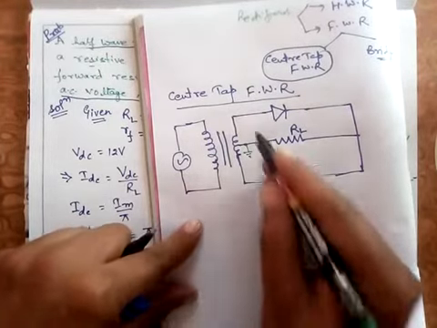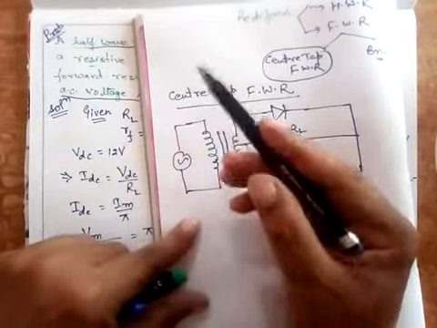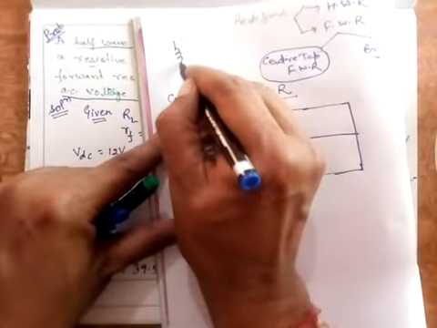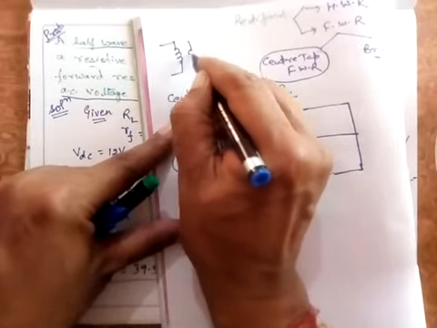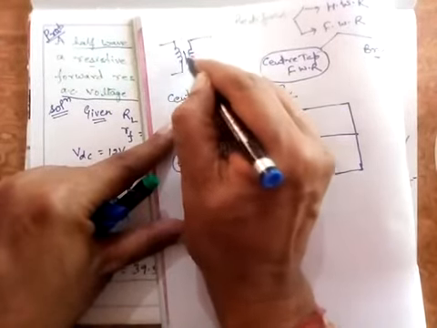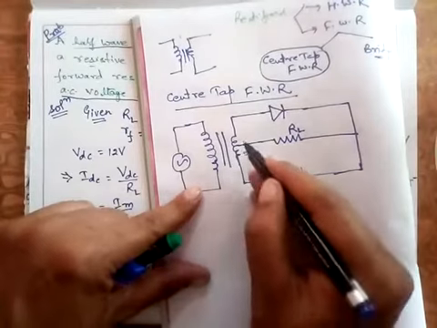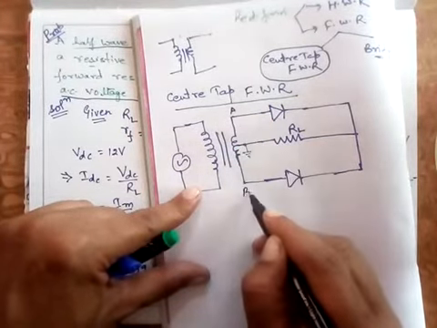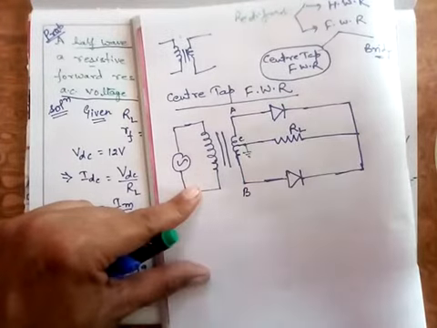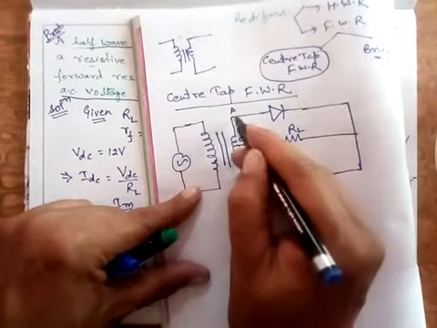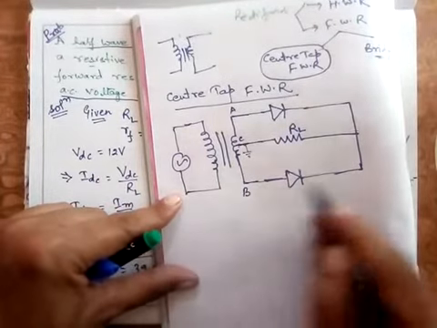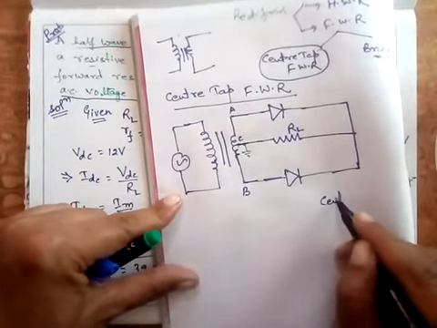In the case of half wave rectifier, we use a simple transformer like this. Now this transformer, if you see, has three terminals, A, B, and this terminal C is also there. It has a total of 3 leads. This transformer is called a center tap transformer.